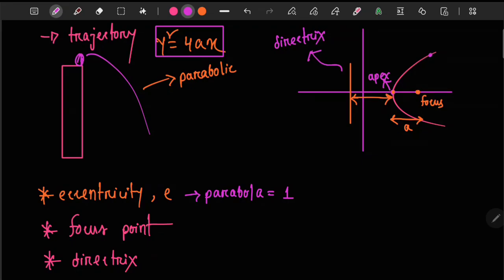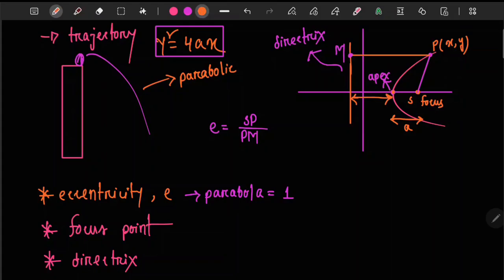For the basics of eccentricity, from the focus point, if you take a random point on the parabola and draw a straight line connecting them, for example, if the focus is S and the random point is P, and if you connect P with the directrix like this, and call that M, then E should be equal to SP divided by PM.